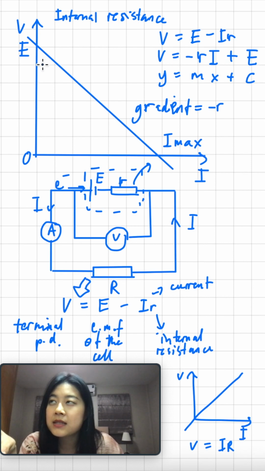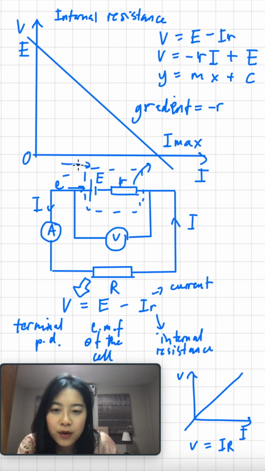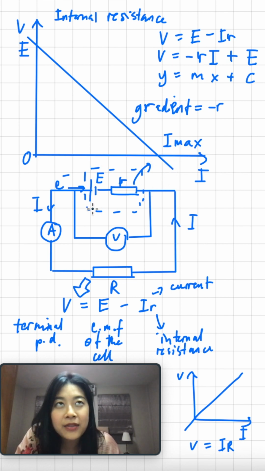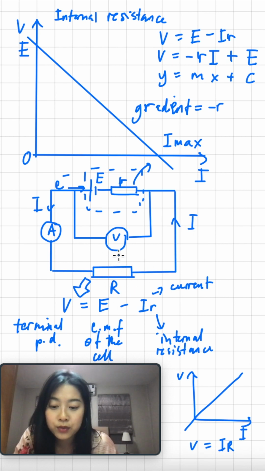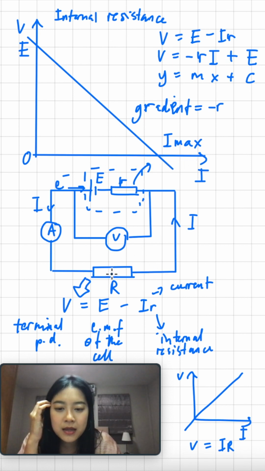The current is increasing as you go along this axis, and the only way you can make the current increase is to change this external resistance here. So what's happening as you go along this axis is that you're making this external resistance smaller and smaller.